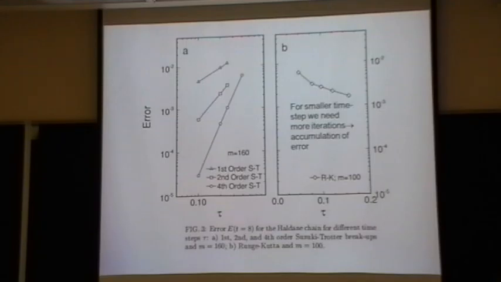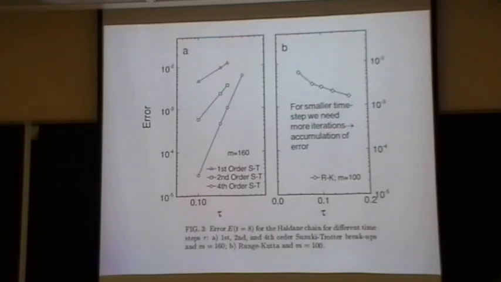So at every sweep, we accumulate truncation error, and the accumulation of truncation error leads to this behavior. For a smaller time step, we need more iterations, and the accumulation of truncation error becomes dominant and basically screws up the simulation. So we have to be very careful and try to find a balance between the time step for the time evolution and the error when we use Runge-Kutta.